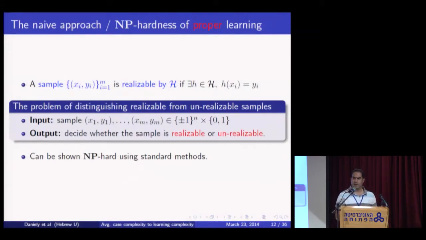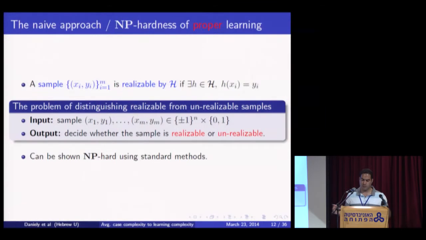We say that a sample, a collection of pairs (xi, yi), where xi is in the Boolean cube and yi is either 0 or 1, is realizable by the hypothesis class H if there exists some h such that for every i, h of xi equals yi. The hardness of proper learning of the problem corresponding to H is usually established based on the hardness of this problem: distinguishing realizable from unrealizable samples.